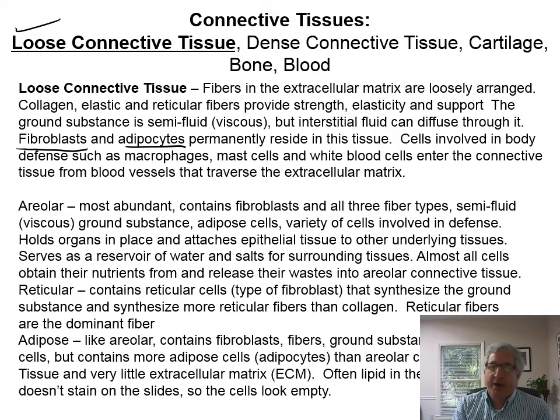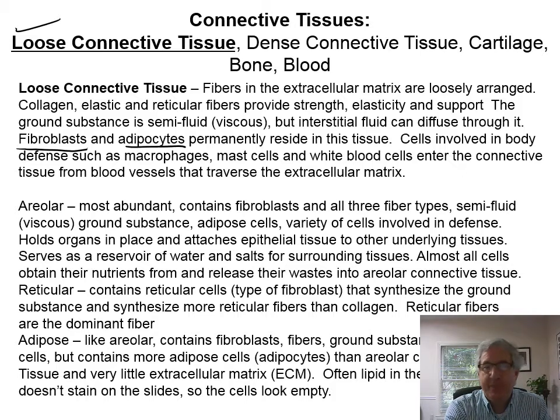Cells that are involved in body defense, such as white blood cells, macrophages, and mast cells, enter this connective tissue. They travel down blood vessels, leave the blood vessels, and go through this extracellular matrix, and they move around, and they can monitor and patrol for things that somehow got through the epithelial layer into the connective tissue layers.